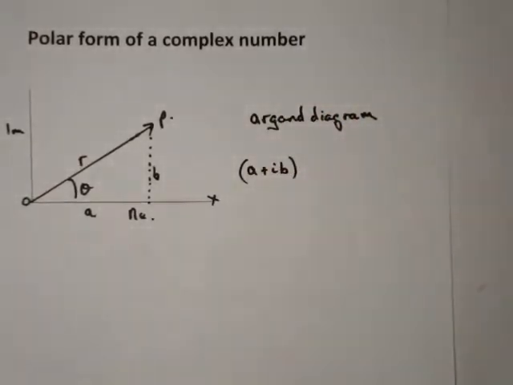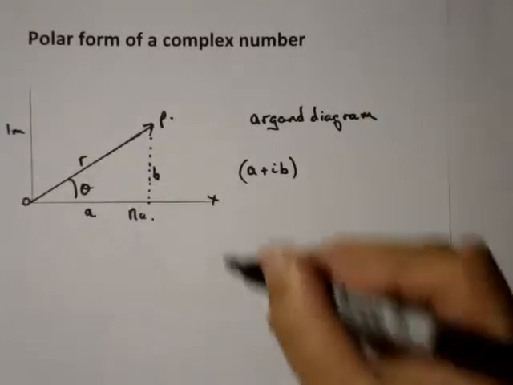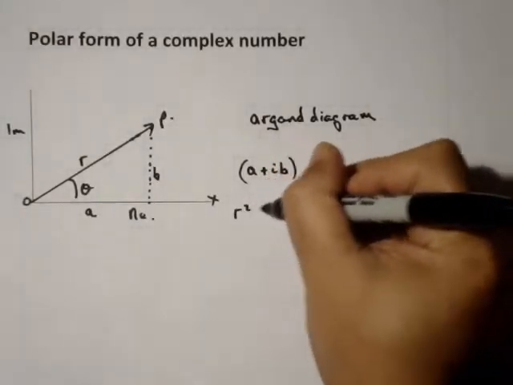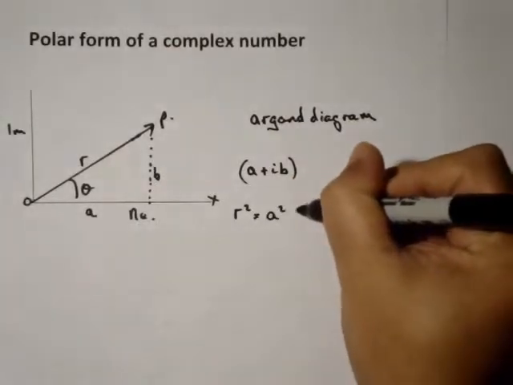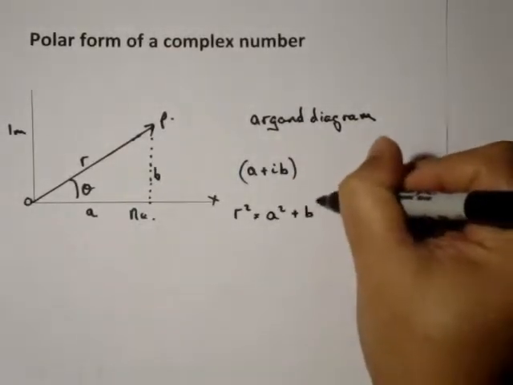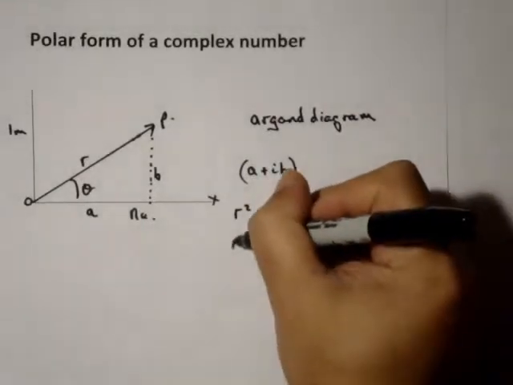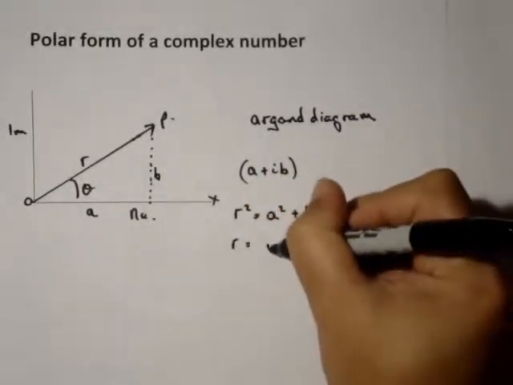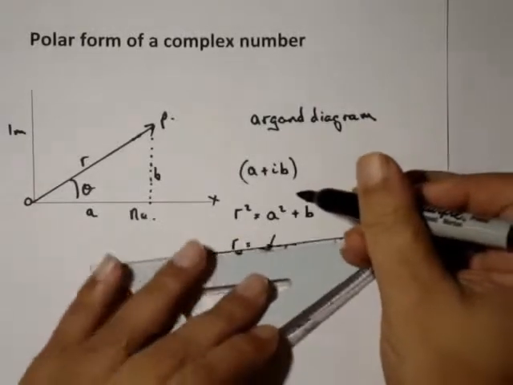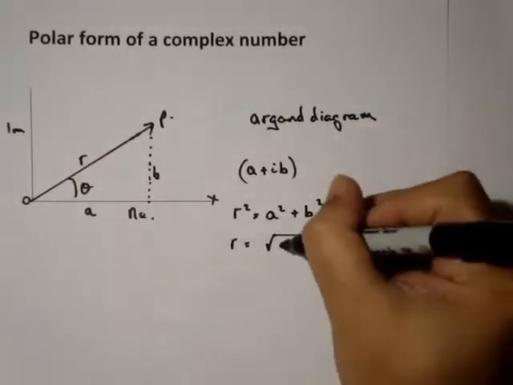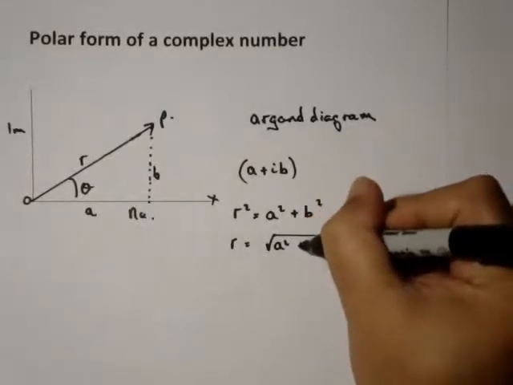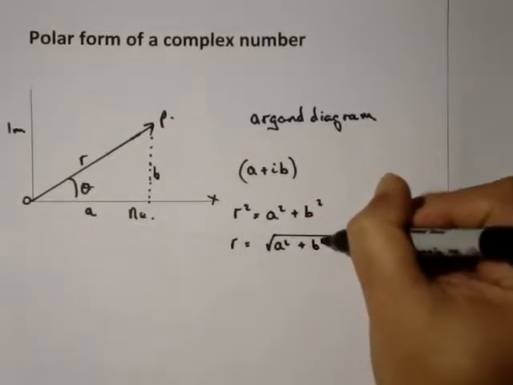So using Pythagoras we get R squared equals a squared plus b squared. So r equals the square root of a squared plus b squared.